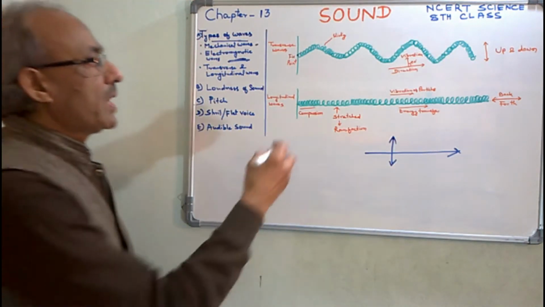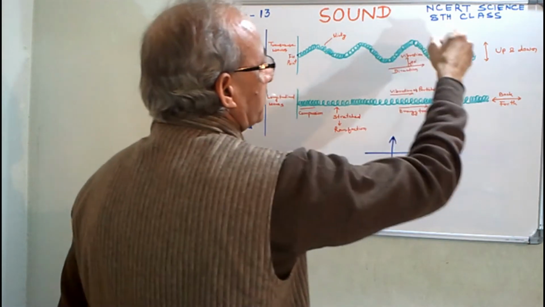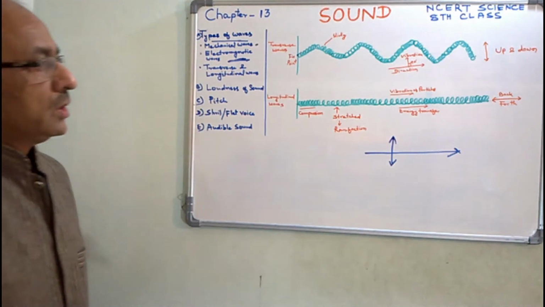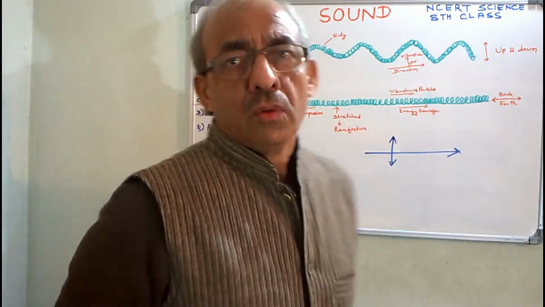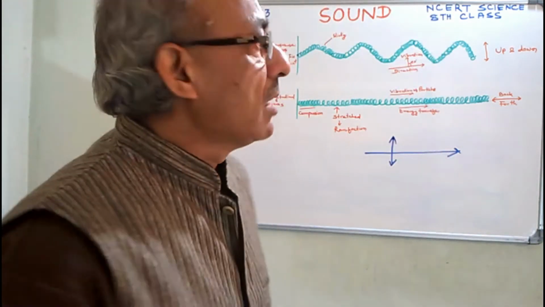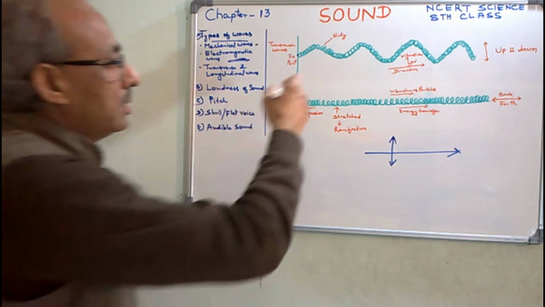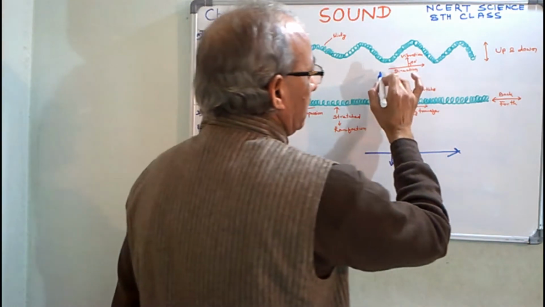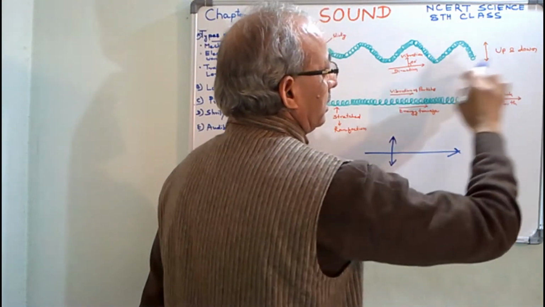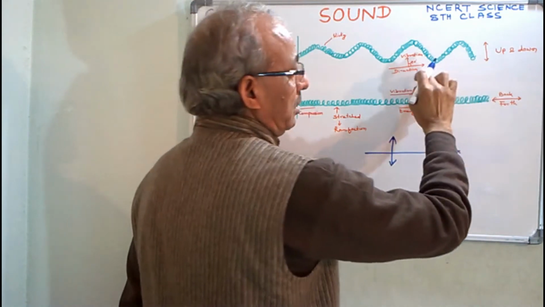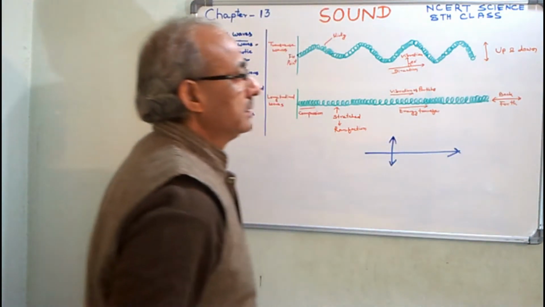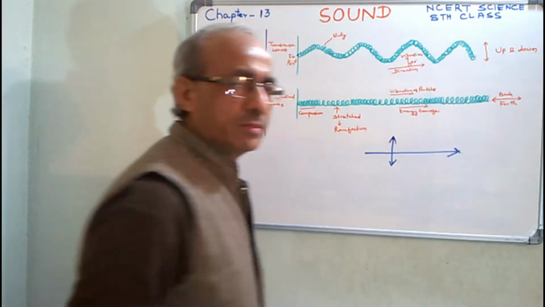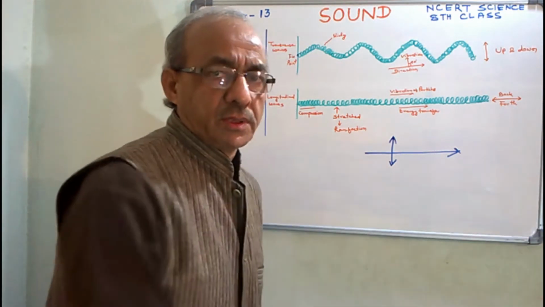In that case, the particles of the spring will do an up and down, to and fro motion. And here the direction of the wave is this horizontal line. That means the to and fro motion of the particles is perpendicular to the direction of the wave vibration.